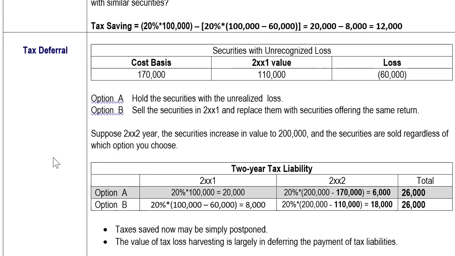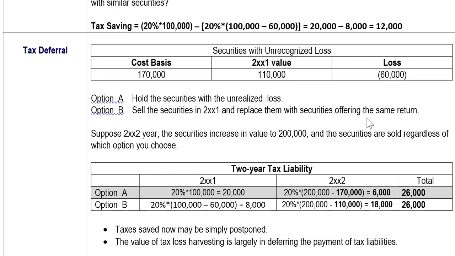Now, think about this. This year, we're going to generate a loss of $60,000 by selling those stocks. Suppose the $60,000 loss is from an original cost of those securities of $170,000, and the current value in year one is only $110,000. That's the reason we have the $60,000 loss.